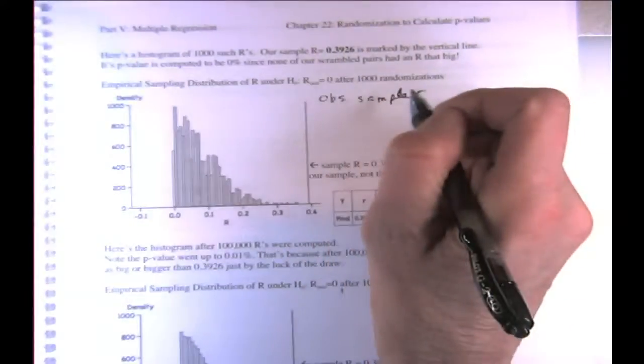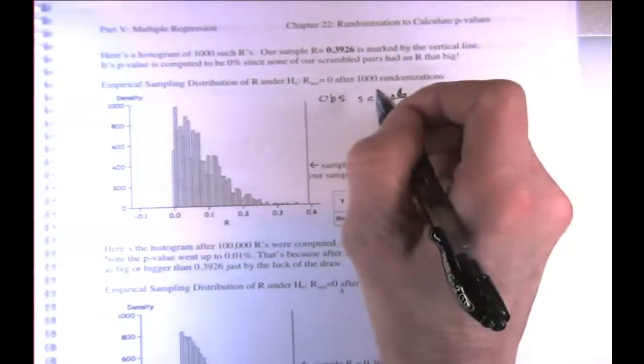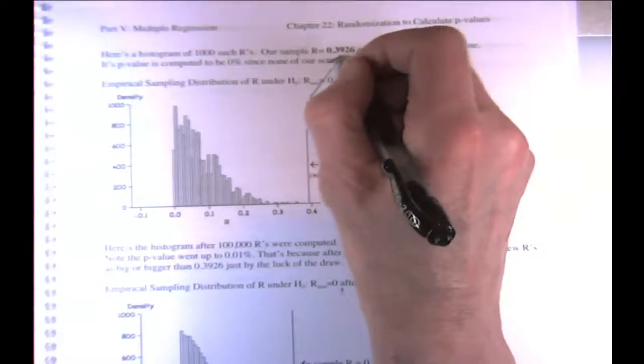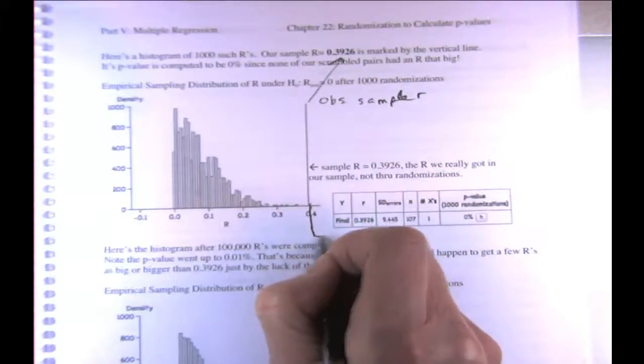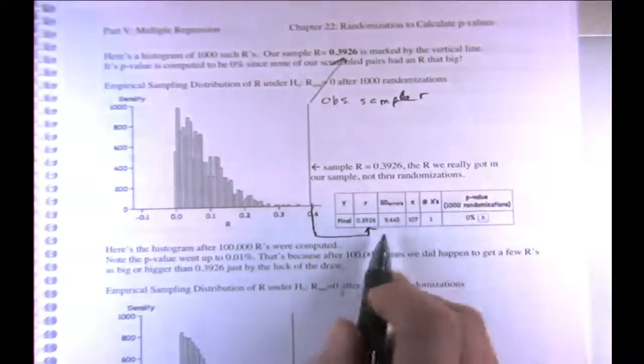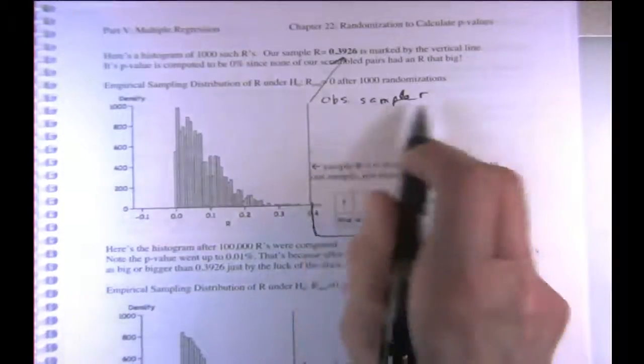And our observed sample R, what is this equal to? See where it's coming in at? Right here. It's 0.3926. That's our observed sample R.